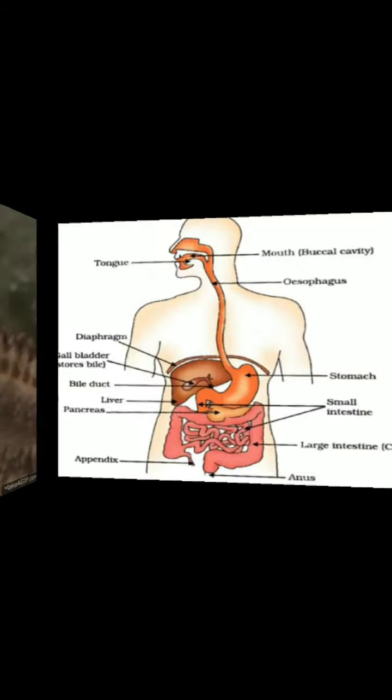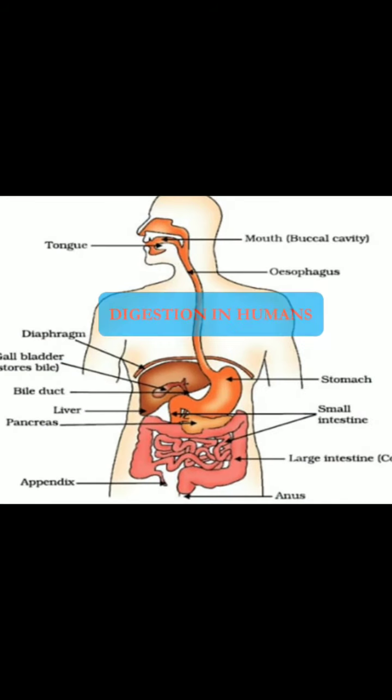Students, now let's discuss digestion in humans. For the conversion of complex food substances into a simpler form, we have the digestive system. In the digestive system, there is a digestive tract and there are several digestive glands.